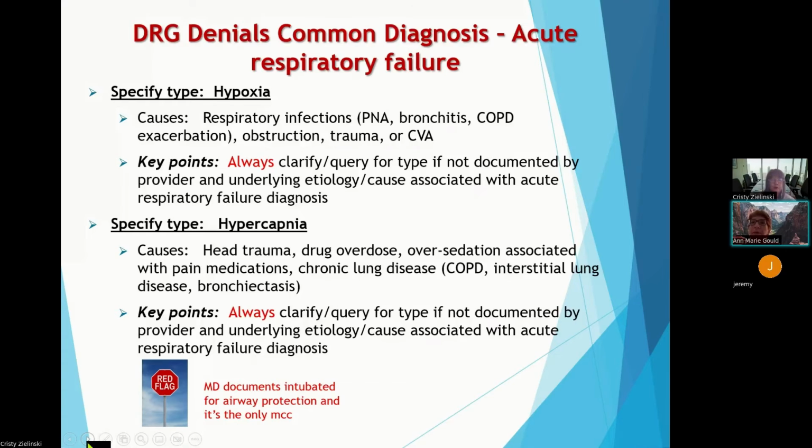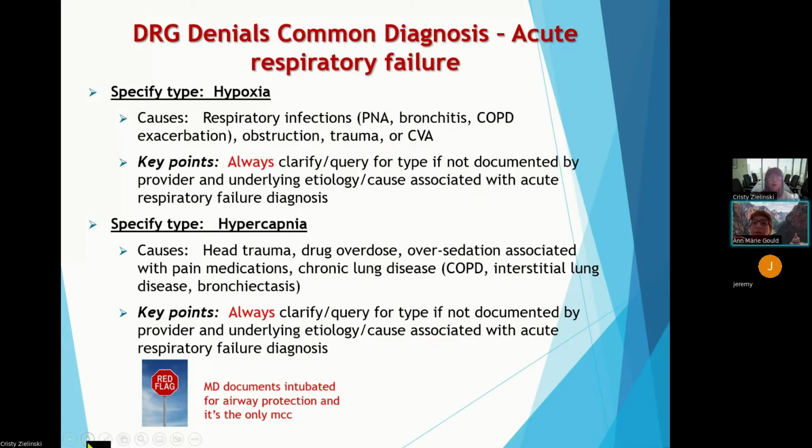That's like with hypercapnia too, the same thing. Other causes listed for hypercapnia could be head trauma, drug overdose, or oversedation associated with pain meds. I've seen that happen, where the attending provider wrote that the patient was oversedated with pain meds, and because of his kidney function, he had CKD stage 4 or something, and they gave him some pain meds after his surgery.